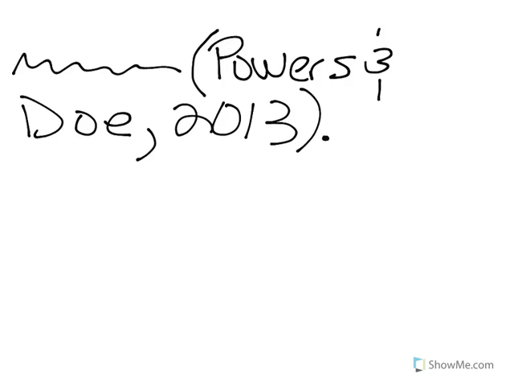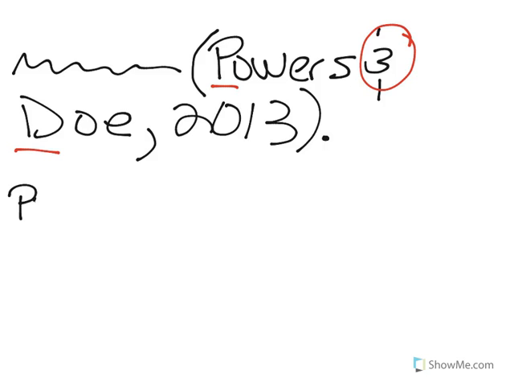Now, you notice here the P is capitalized, the D is capitalized, and the symbol that you're using is an and symbol. If you are citing within a sentence, then you're going to actually spell out and, A-N-D.